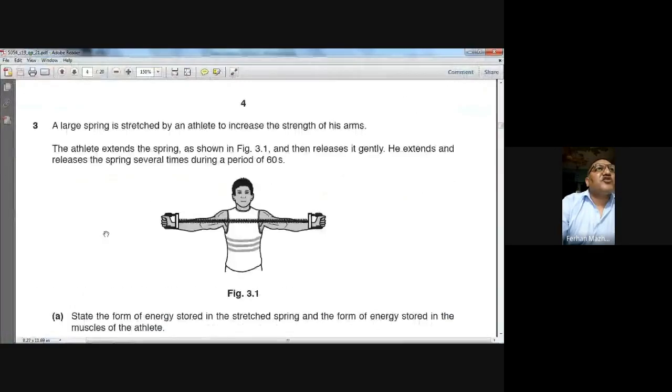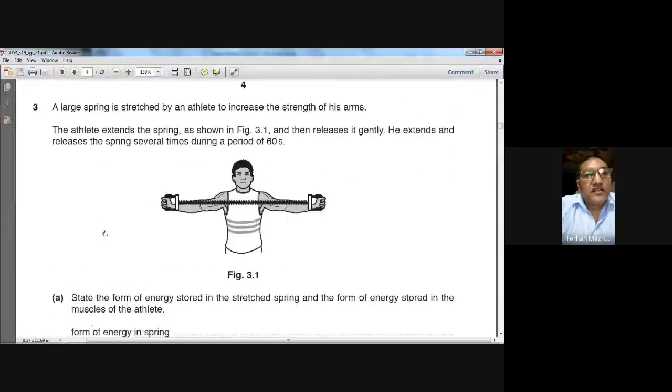Next question on your screen is question number 3. A large spring is stretched by an athlete to increase the strength of his arms. The athlete extends the spring as shown in figure 3.1 and then releases it gently. He extends and releases the spring several times during a period of 60 seconds.